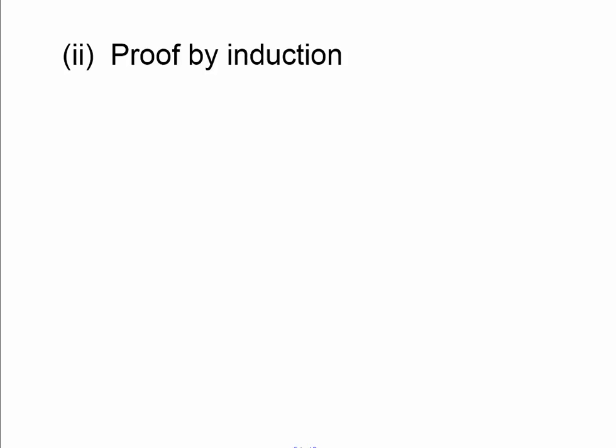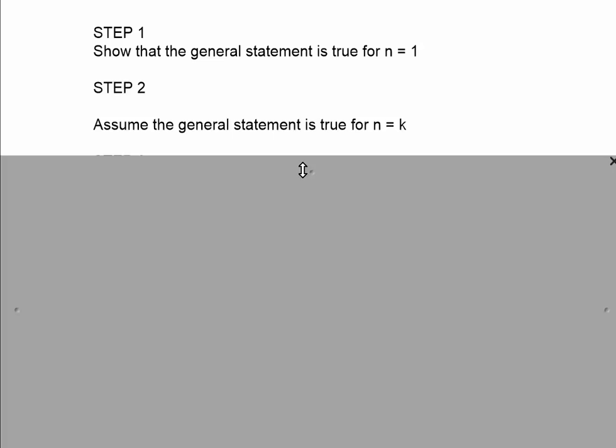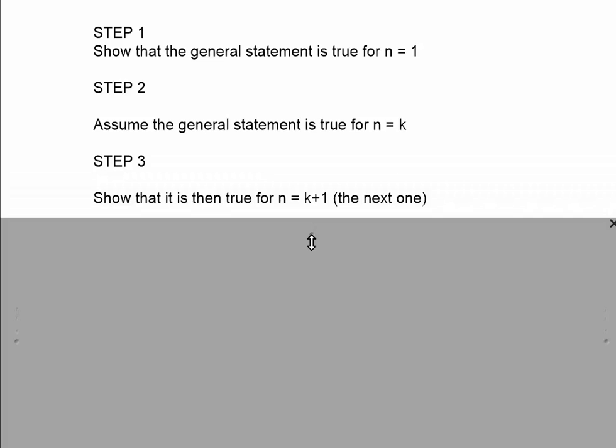Proof by induction follows 4 steps, and it's important to include each of those steps. So, step 1, we need to show that the general statement's true when n is 1. Step 2, we assume that the general statement is true for n is some number k.